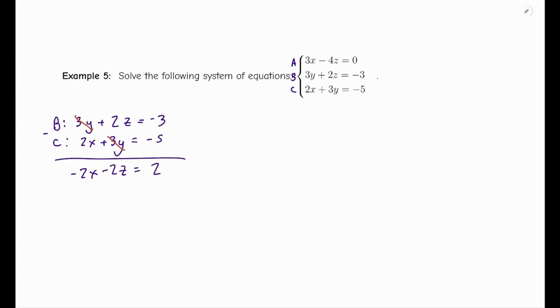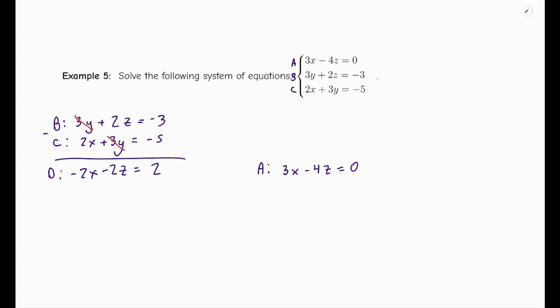And now this is going to show you a little bit of a deviation from our previous examples, because usually we would pick two more equations and eliminate y from them. But if I just look at equation A, it already does not have a y in it. So I don't need to do that step of eliminating y because there already is no y. So I only get one new equation this time, which I'll call D.